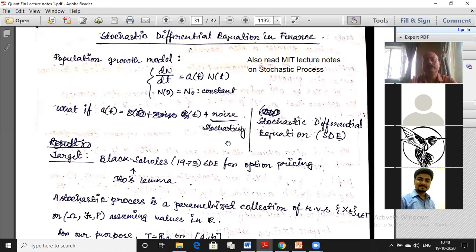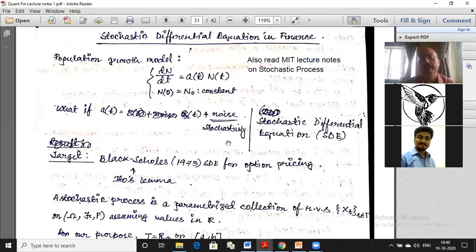They developed this option pricing differential equation in 1973 using a very fundamental result in stochastic differential equations, which is known as Ito's lemma. Now, Ito was a pure mathematician who didn't have any idea about finance, but he developed a very nice tool for solving stochastic differential equations back in 1951. And then obviously no one outside the mathematics community knew about it.